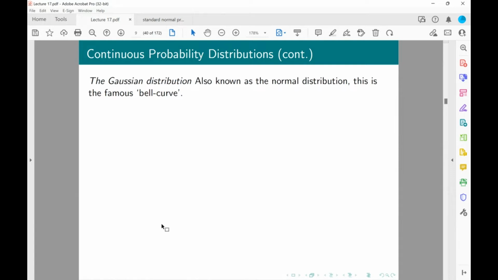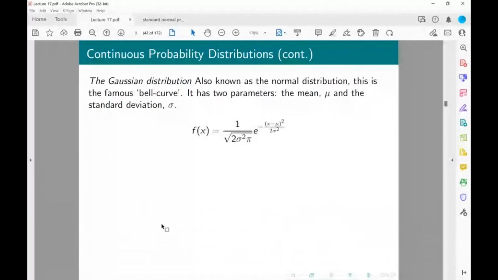Probably the most important one is the Gaussian distribution, which is known as the famous bell curve, also known as the normal distribution. This varies based on 2 parameters, the mean and the standard deviation, which describe exactly, probabilistically, the mean and standard deviation of the scores, if scores follow the normal distribution. It's given by this ugly description of a function. It has an exponential of some squared term of x.